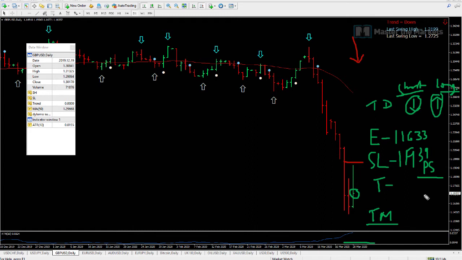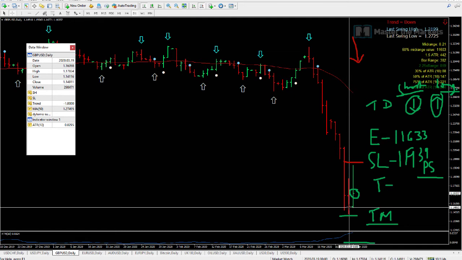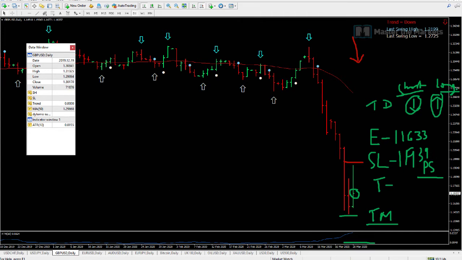Let's say I just want to take it out at the low of this price bar, keeping it very simple at the moment. The low of that is 114.11. So there you go, traders. I've got all my levels: my entry price 116.33, stop loss at 119.39, and finally target at 114.11. That's the first part, which is done.